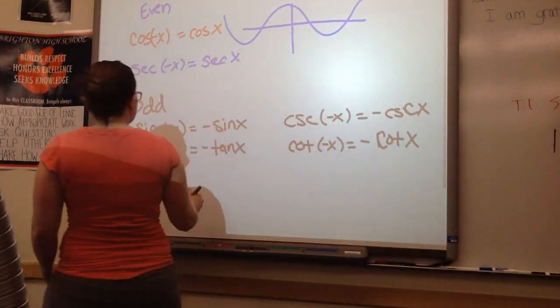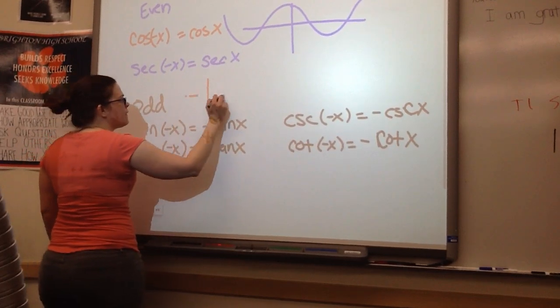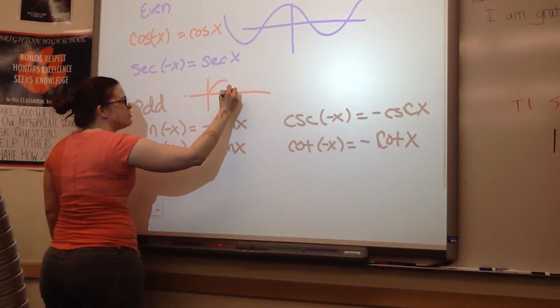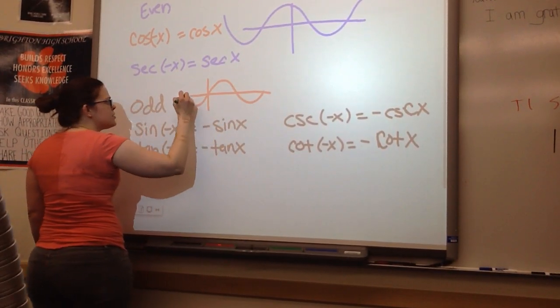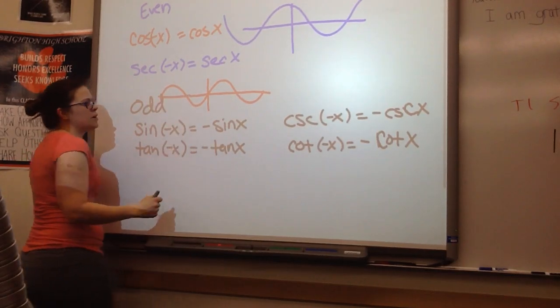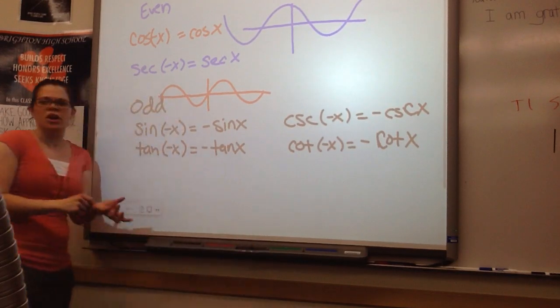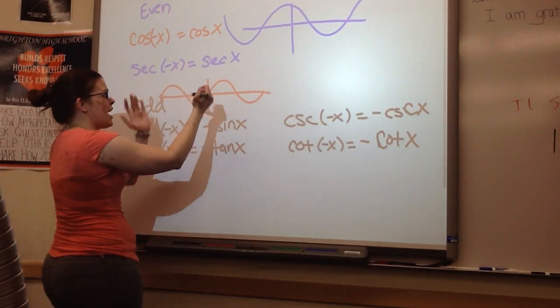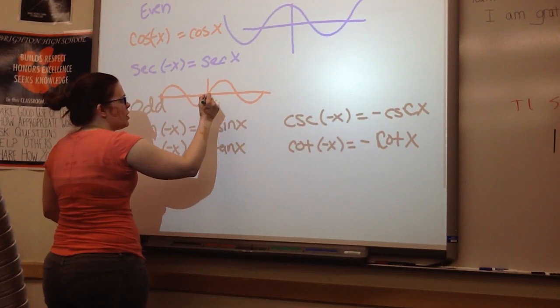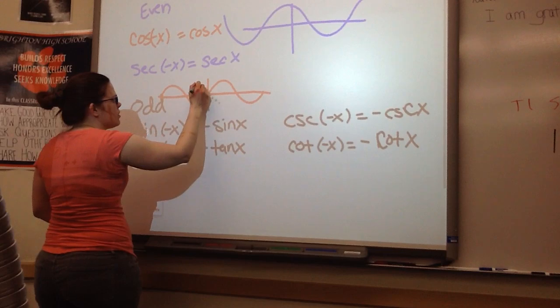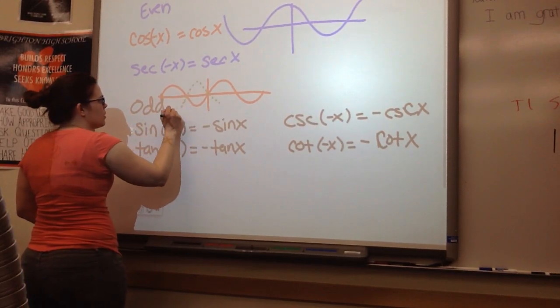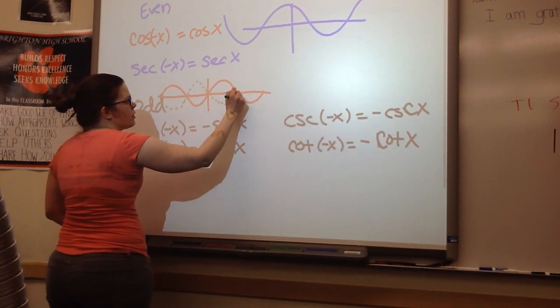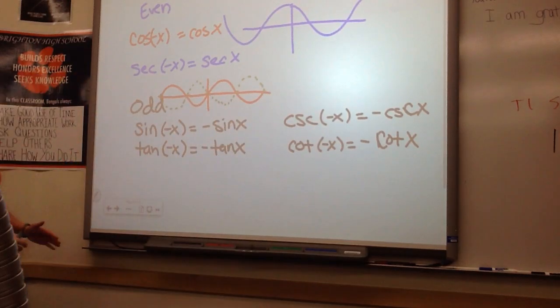So if we look at our sine graph, it looks like this. If we were to fold, the odd means that it's symmetrical about the y and x-axis. If I were to fold this across the y-axis, I would end up with that picture, right?